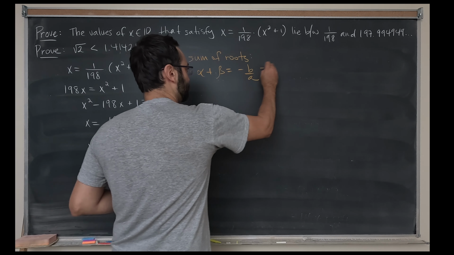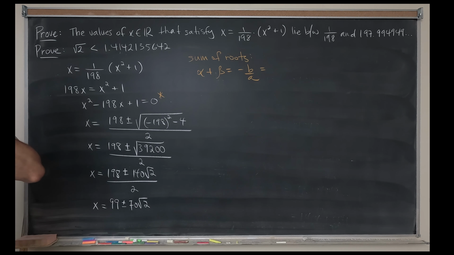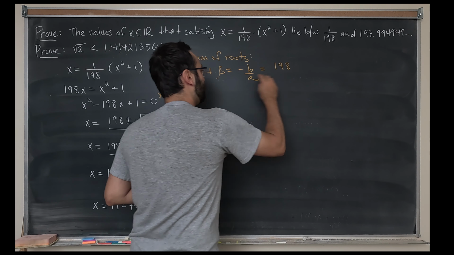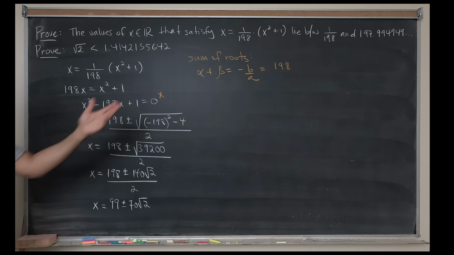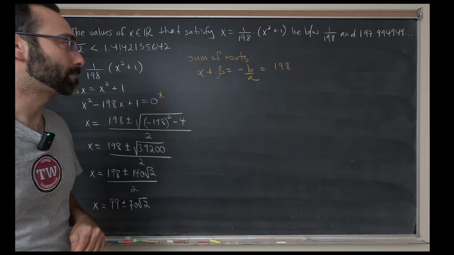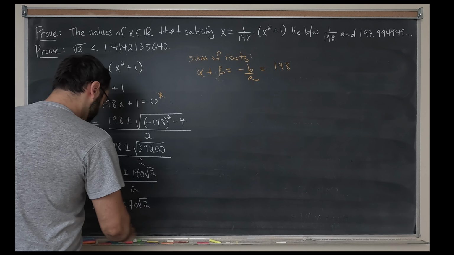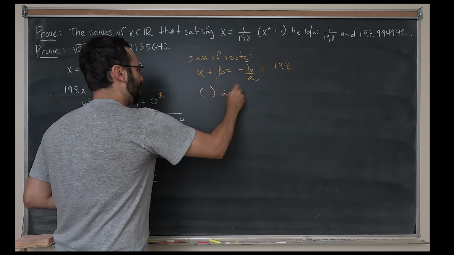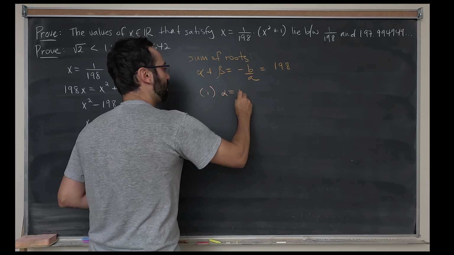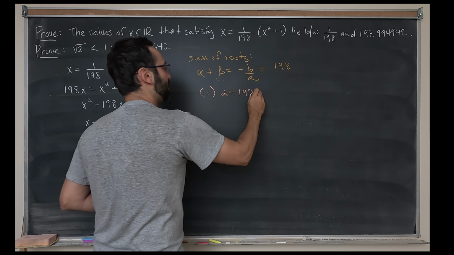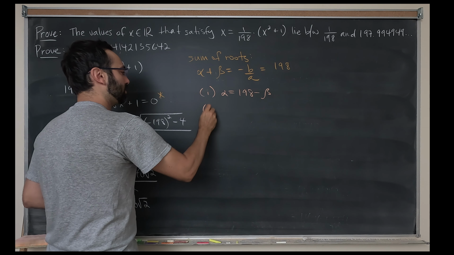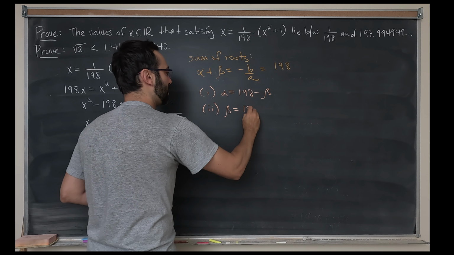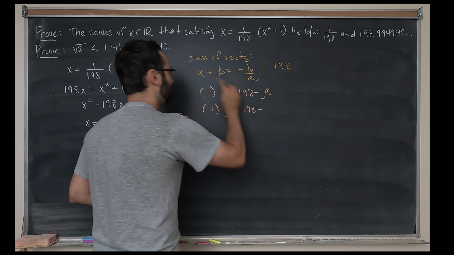Well, if we plug in our numbers, negative negative 198 is 198. And then we divide by a, which is 1, so we're left with 198. What this gives us is two relationships. First, we can say that alpha equals 198 minus beta. Secondly, we can say that beta equals 198 minus alpha.